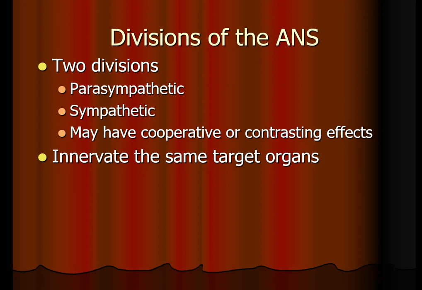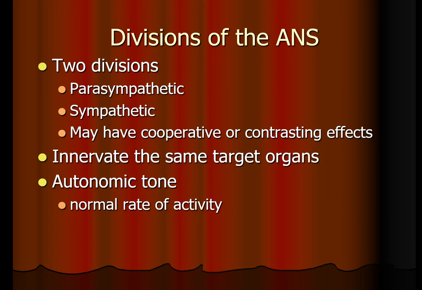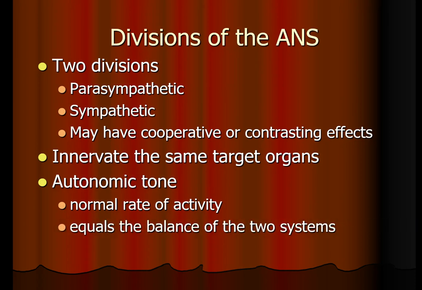That normal balance is what we call autonomic tone. It's kind of the normal rate of activity from both parasympathetic and sympathetic nervous systems at the same time in the same target organ. So it's that balance between them.